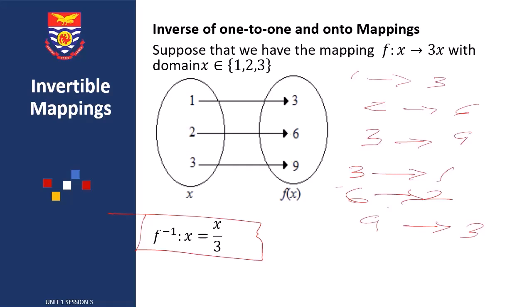When you put 3 inside, you get 1. You put 6 inside, you get 2. You put 9 inside, you get 3. That's the inverse as a process of reversing. So the inverse of this mapping is x maps to x on 3.